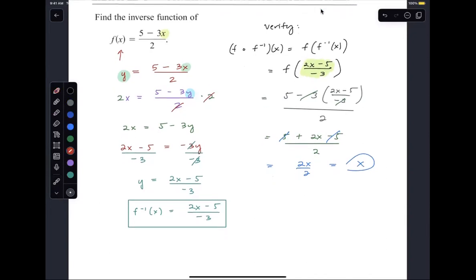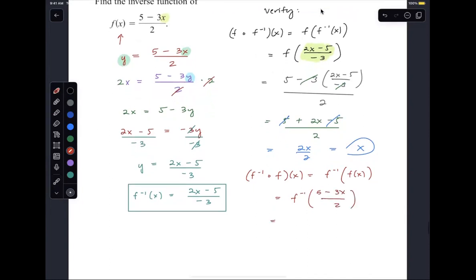Then, to do the opposite, f inverse composed with f of x is f inverse of f of x. f of x was 5 minus 3x over 2. So, take this function and plug it in for x in the inverse.